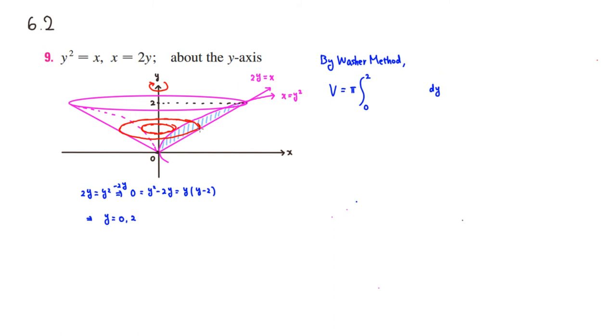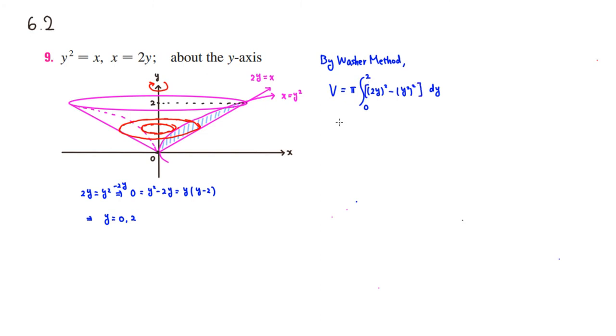Then the outer curve is defined by the straight line, so you have 2y squared, minus the inner curve, which is defined by y squared, so y squared squared.